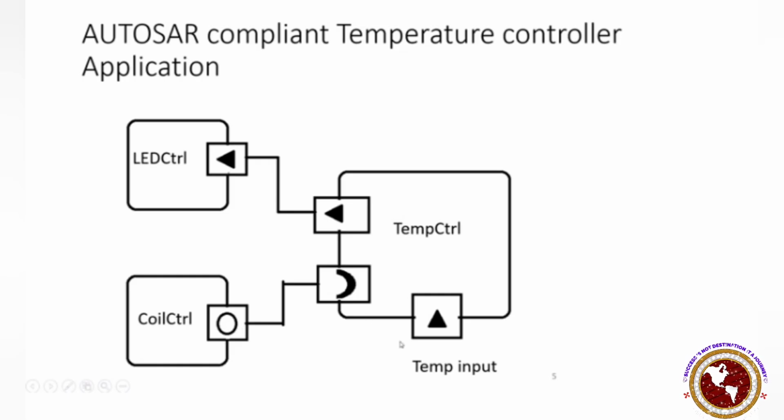Then interestingly, you see there is one more port here which is receiving the temperature input, another input coming from some other BSW module. This again makes use of a sender receiver interface, and as you can see from this icon, this is an R port, a required port.